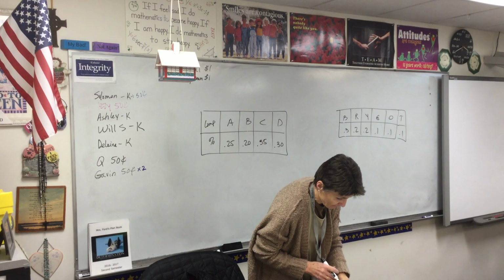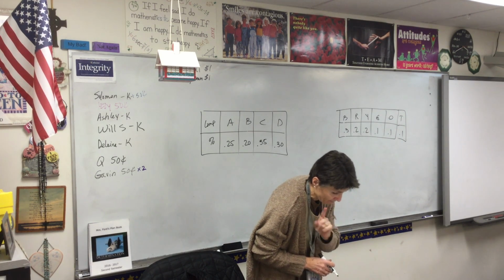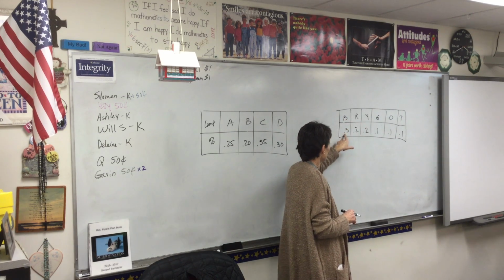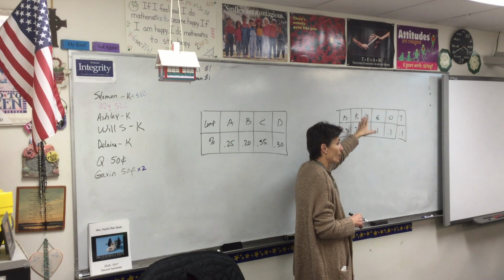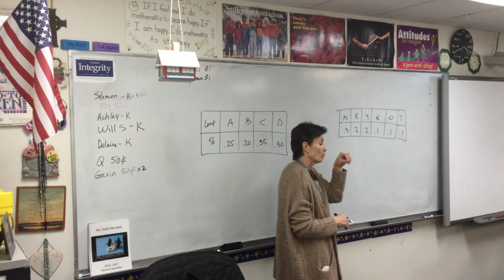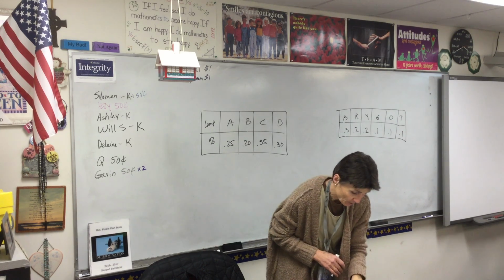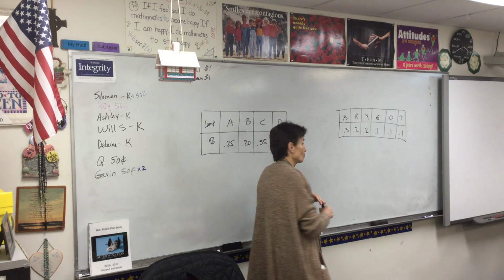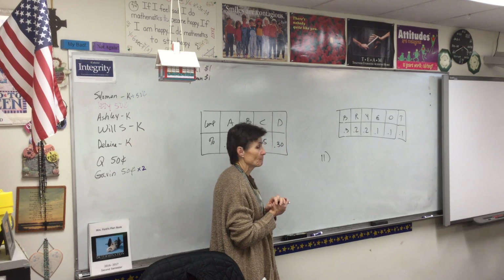Question number 11 says you're going to reach in and grab one M&M out of your bag. 30% of them are brown, 20% of them are red, and so on. What's the probability that it will be brown or tan? Brown or tan? What's your answer?